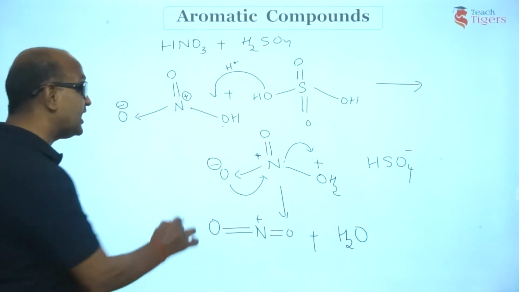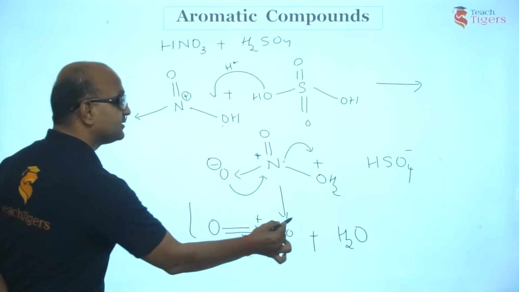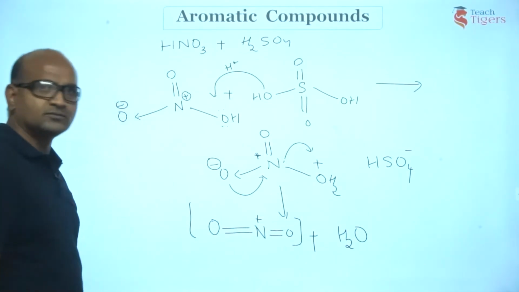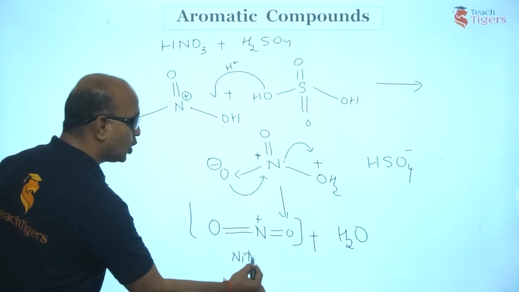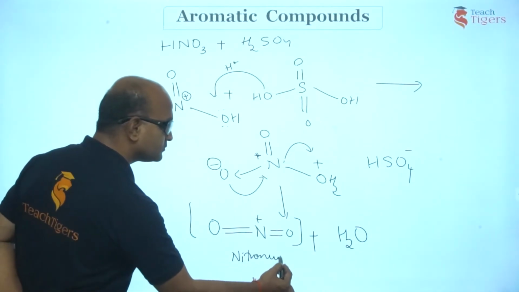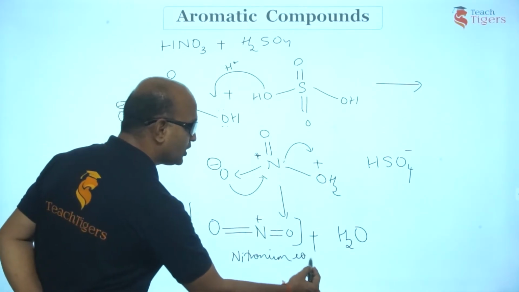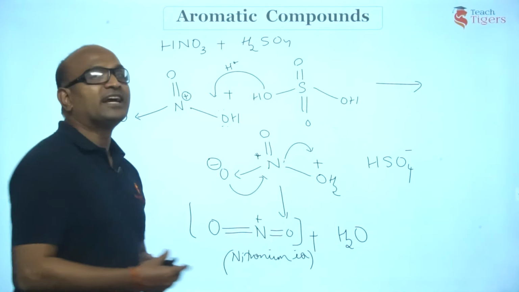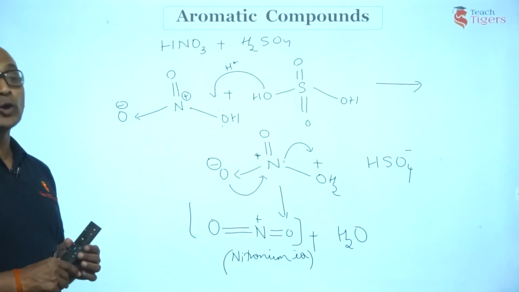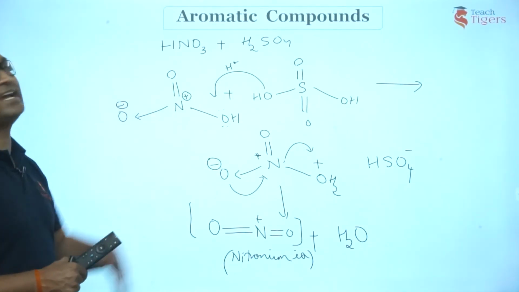This is the electrophile. We call this nitronium ion. Nitronium ion is the electrophile. By the way, I have a simple question. What is the role of HNO3 in the nitration mixture?